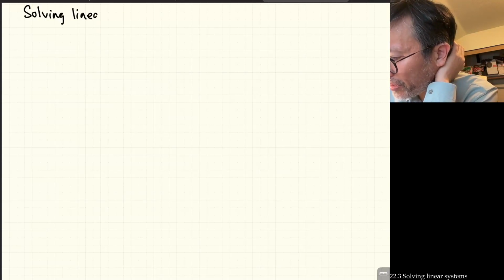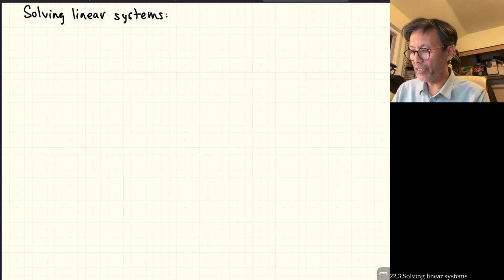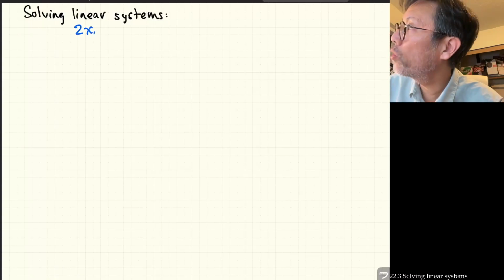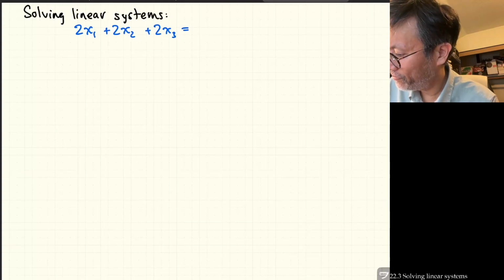Let's just do this via example. I think that's maybe the easiest way of doing this. Let's take the following example, which I'm just ripping from the textbook for convenience. Let's take the linear system 2x1 + 2x2 + 2x3 = 2.